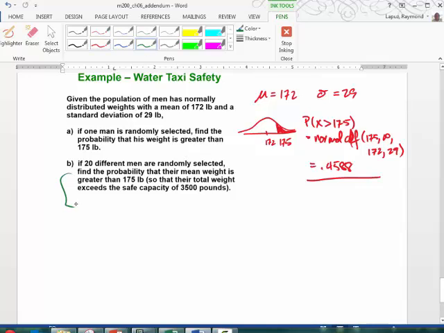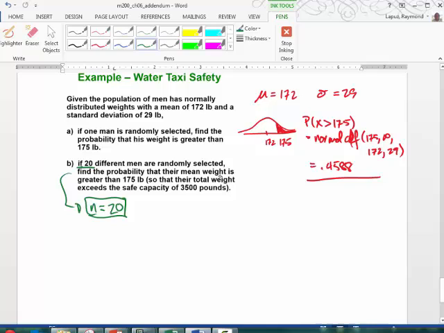Now let's do this one. This is a little bit different. Now the first one, they ask if one man is randomly selected, so you're pulling this one guy from the whole population. Here they're asking you if 20 different men are randomly selected. So n is equal to 20. The problem begins with n is equal to 20, so that means we're looking at a sampling distribution here.